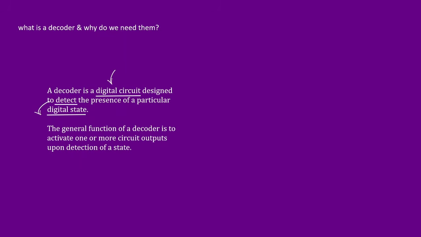All right. The general function of a decoder is to activate one or more circuit outputs upon detection of a state. The peculiar thing is that usually, for all the circuits we've been handling before, let me just draw an example one for now. Let's say this is just a random circuit. All the circuits we've been dealing with so far have had one output.